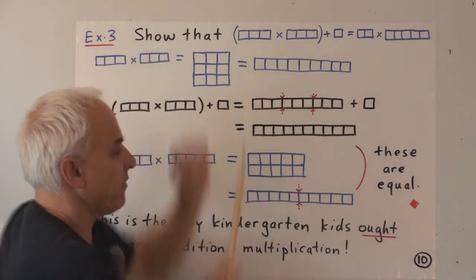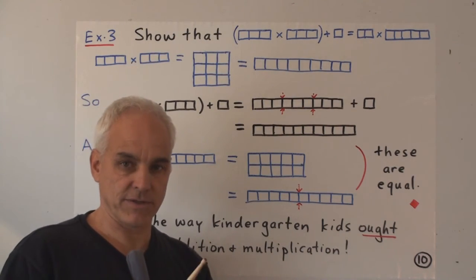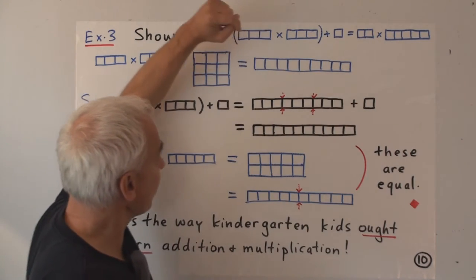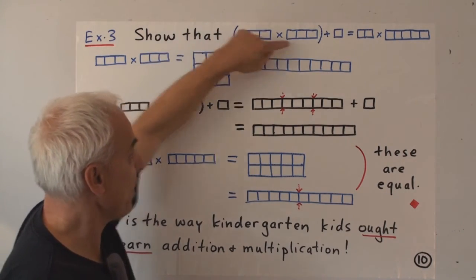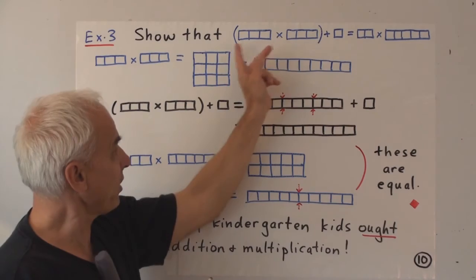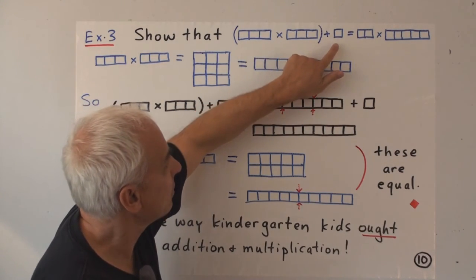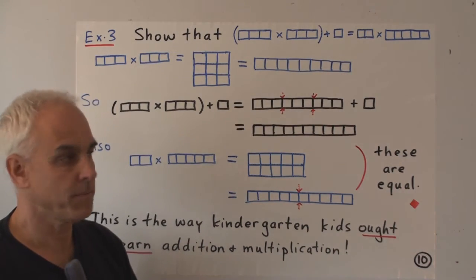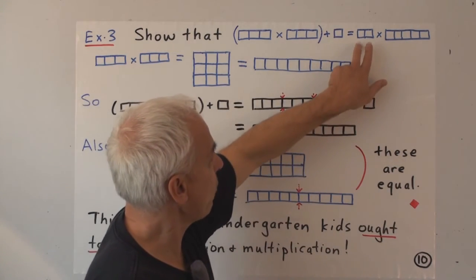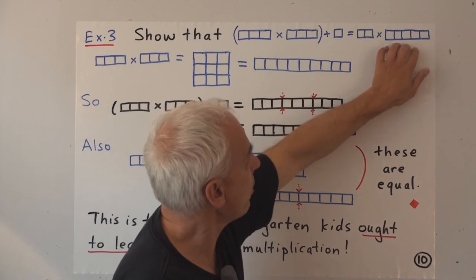The brackets are a convention for do this first. So when we see something in brackets, we agree that we're going to do that first. We're going to get some number, and then we're going to add 1 to it. And on the right-hand side, we just have 1, 1 times 1, 1, 1, 1, 1.